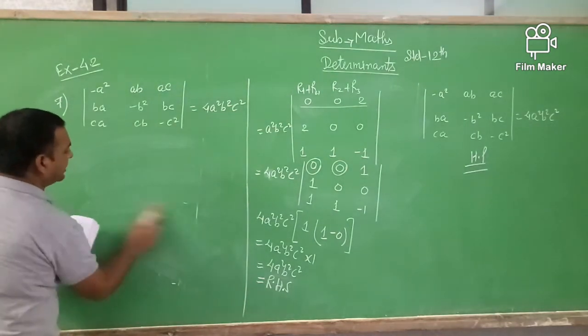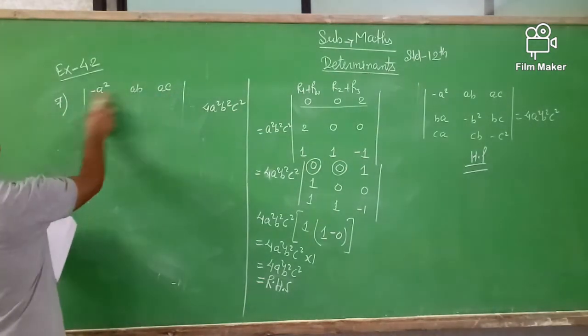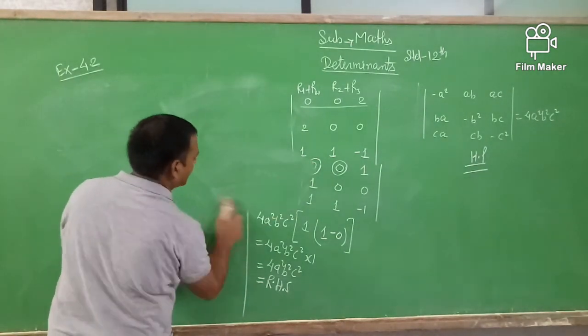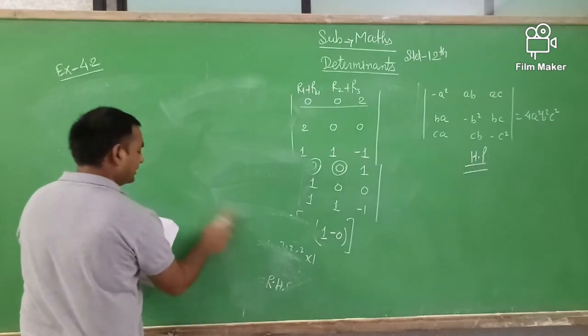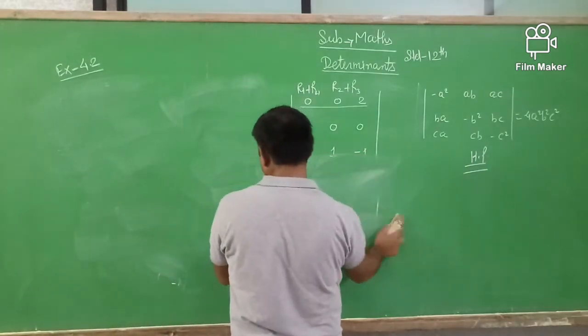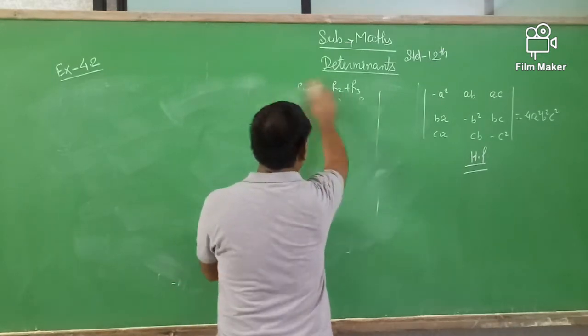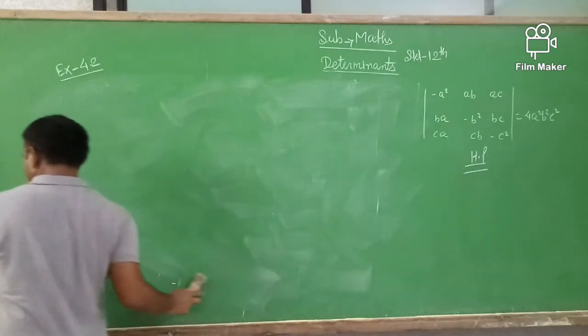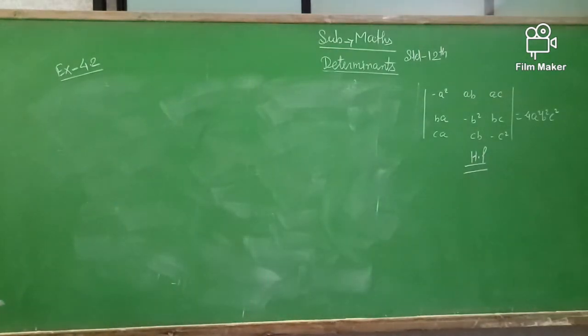Here some questions are given. I take question number 8 of the first question. So the question is that the elements of the first column are 1, 1, 1, the second column is a, b, c, and the third column is a square, b square and c square.